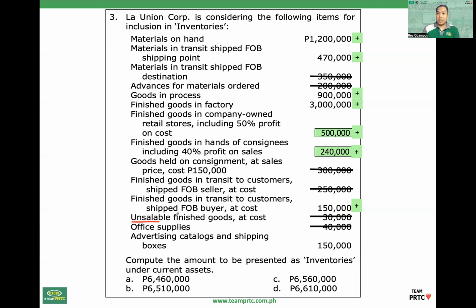Advertising catalogs and shipping boxes, exclude. Similar to office supplies, to be considered as inventory, it should be used in the production process. So the office supplies, advertising catalogs and shipping boxes are reported as other current assets, or supplies.